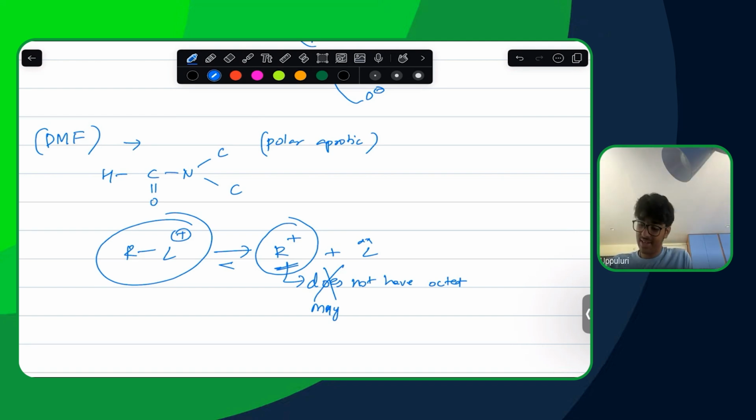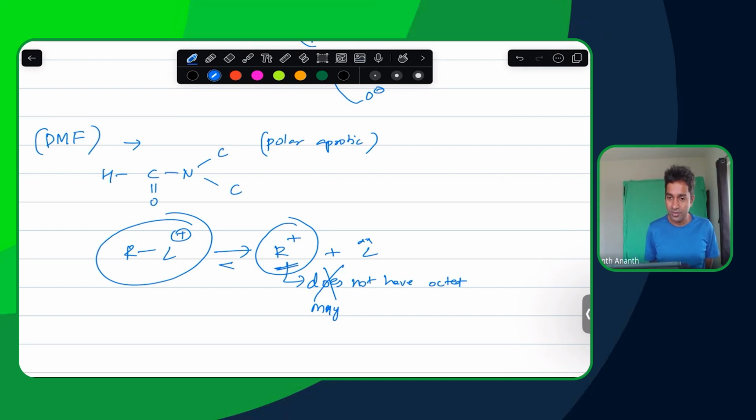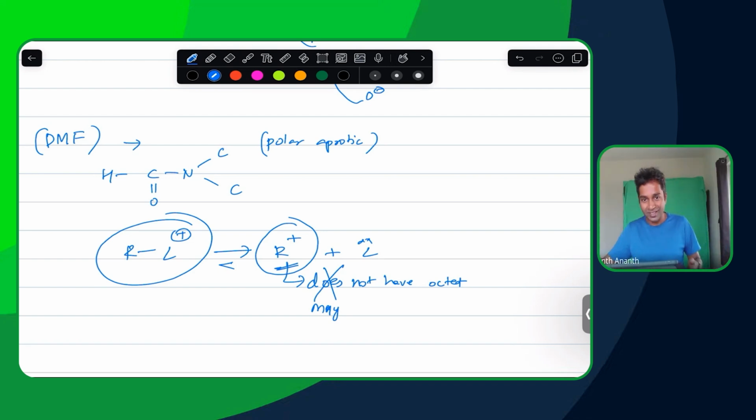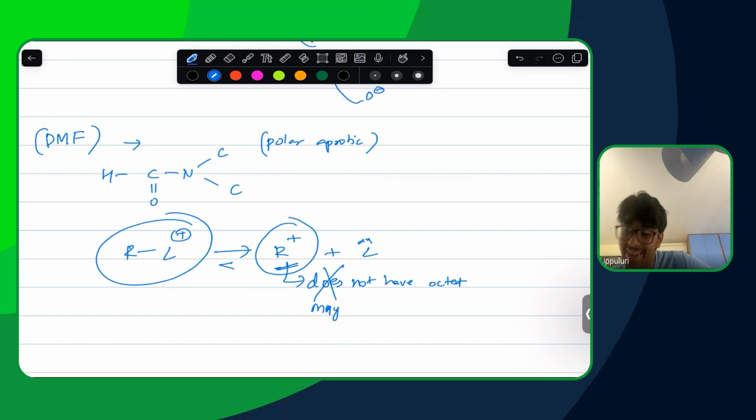Sir, I still feel my hydrocarbons is pretty weak though. There's nothing wrong with feeling hydrocarbons as weak because that is the starting part. Your connections to hydrocarbons are starting to be formed, so relax. After SN1, SN2 started, I started feeling a little comfortable, and then I could finally understand even elimination properly.